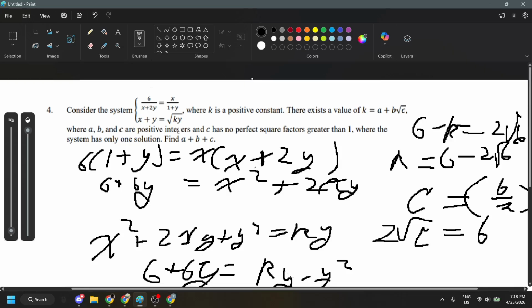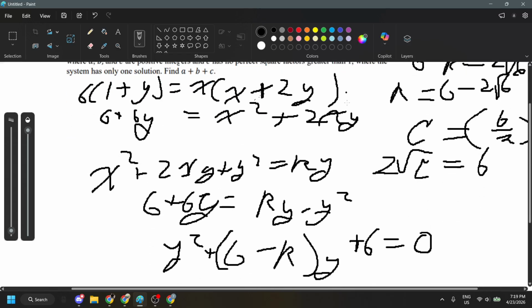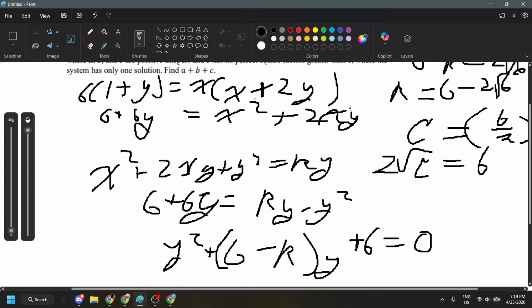I mean, no, this does not work, because it needs to be a positive constant. So for some reason this is wrong. I don't know why, but it's wrong.